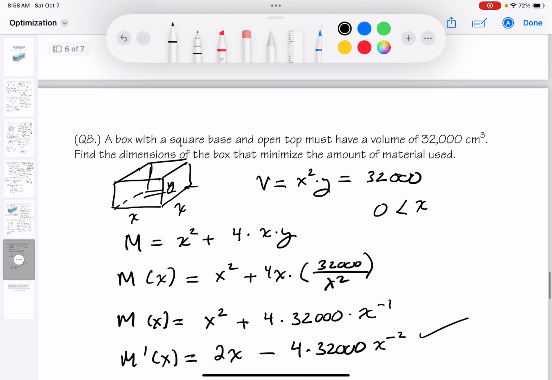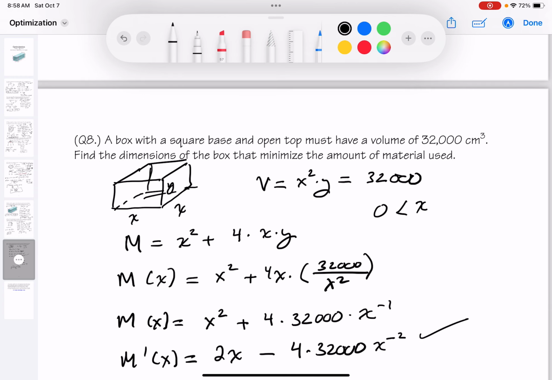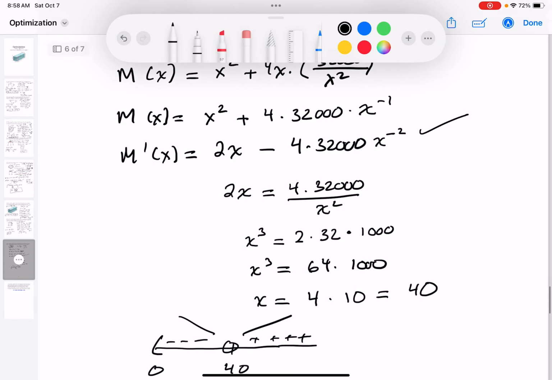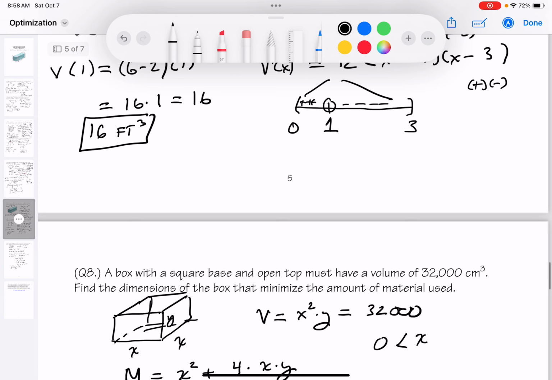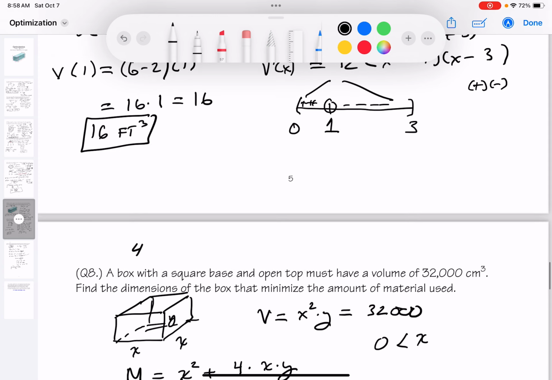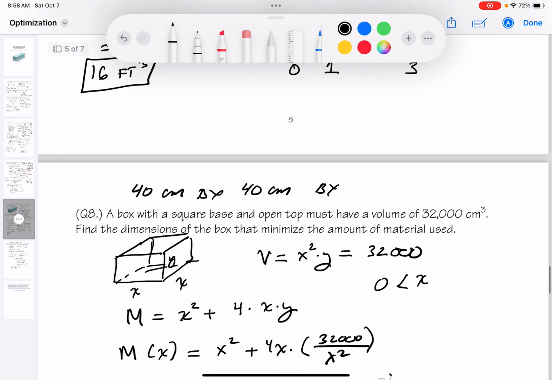So what was the question now? Find the dimensions of the box that minimizes the amount of material used. These are in centimeters, so I know x is 40. So it's 40 centimeters by 40 centimeters. That's the base, by the way. And what's the height? Let's be careful about this.